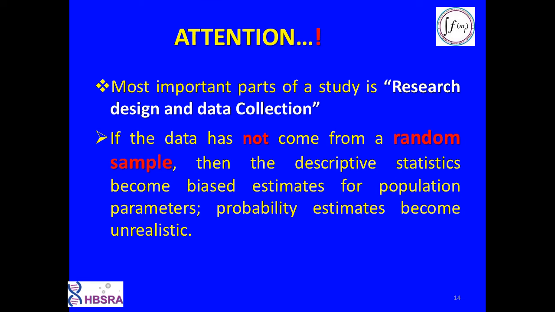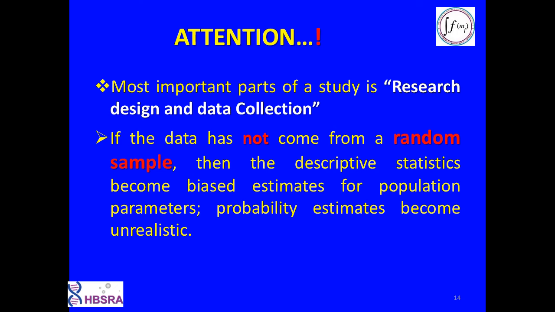As I said earlier, the most important part of a study is research design and data collection. If the data has not come from a random sample, then the descriptive statistics become biased estimates for the population. Descriptive statistics you obtain from the sample data, and using them you conduct the hypothesis test.